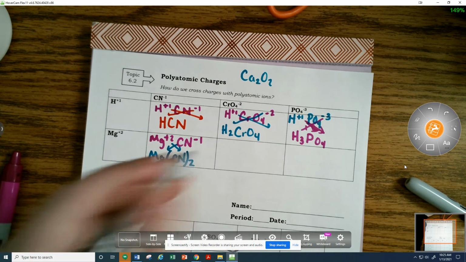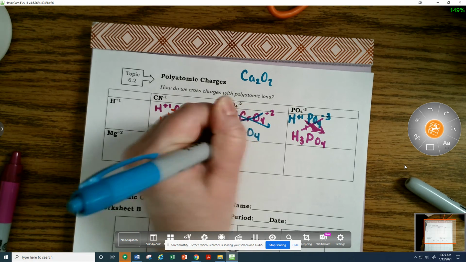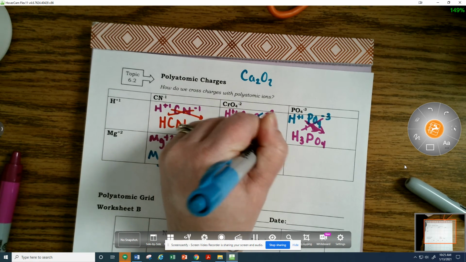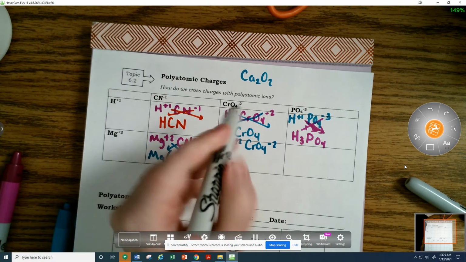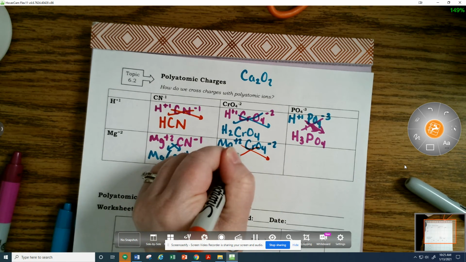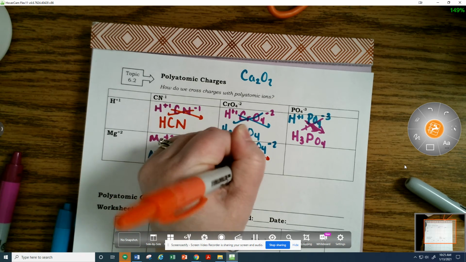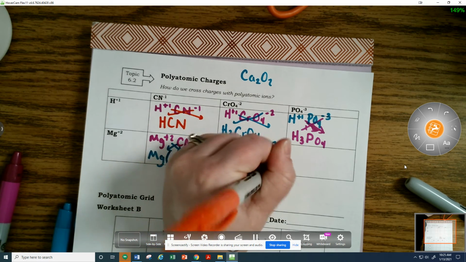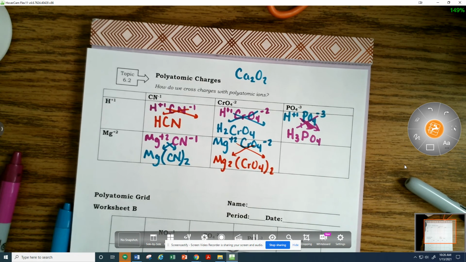In this next example, we have Mg +2 and CrO4 -2. Going through the process of crossing down, we get Mg2 and CrO4 2. Notice that I brought down a new subscript, so I put my polyatomic in parentheses.